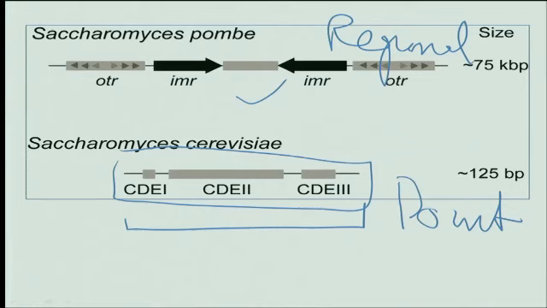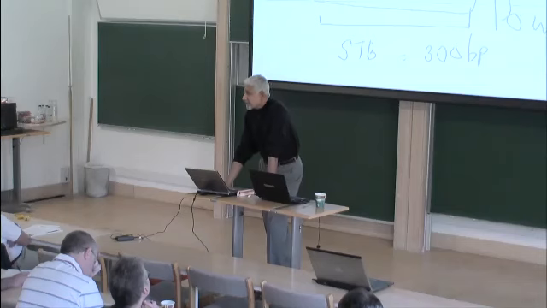So the functional part of that STB element is about 300 base pairs, and these 300 base pairs are made up of 5 repeats of a roughly conserved 60 base pair element.